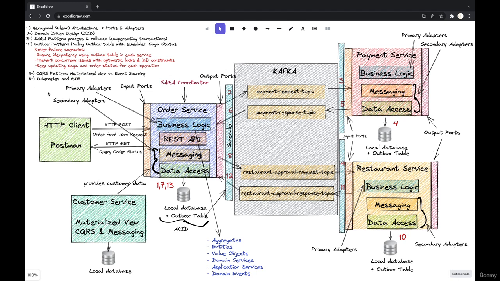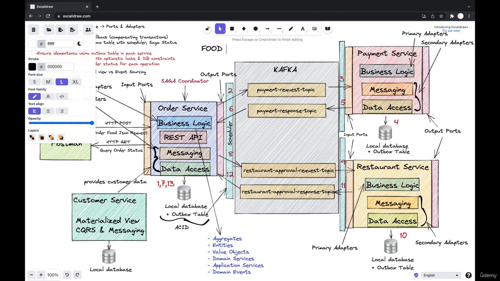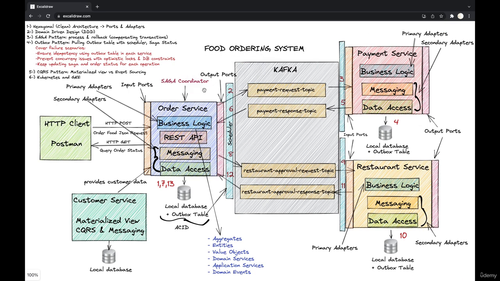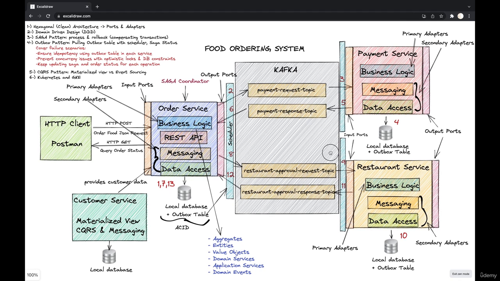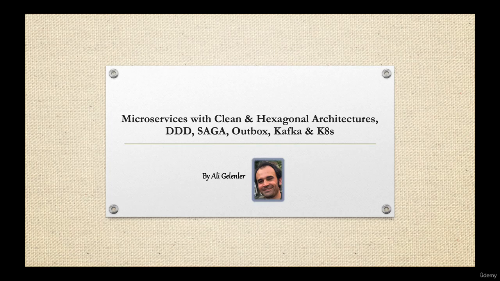Finally, I will Dockerize the services and run them on a local Kubernetes cluster, and then deploy them on Google Kubernetes Engine to manage, scale, and deploy them easily using Google Console and the gcloud command line interface. Alright, this is the big picture of the project, which is a food ordering system, as I mentioned. More details will come in the coming lectures, so I will see you in the next lecture.